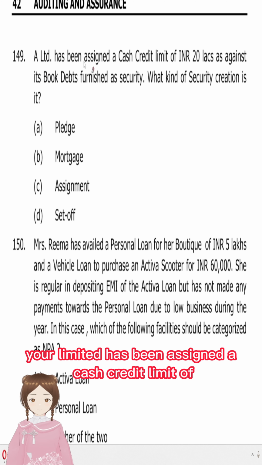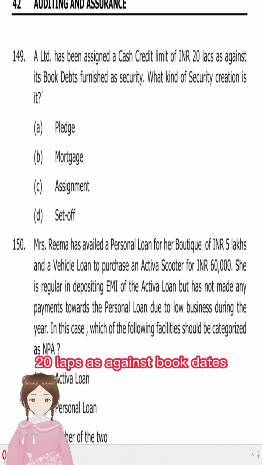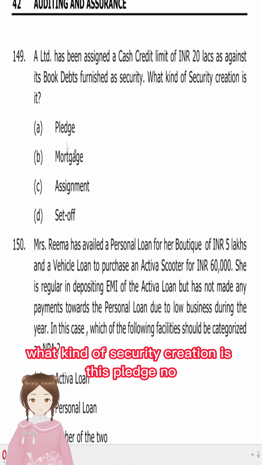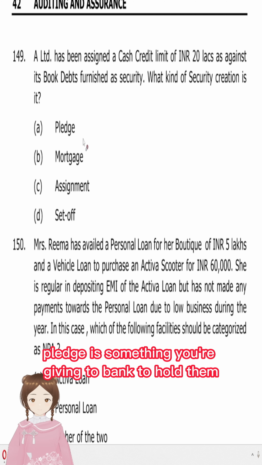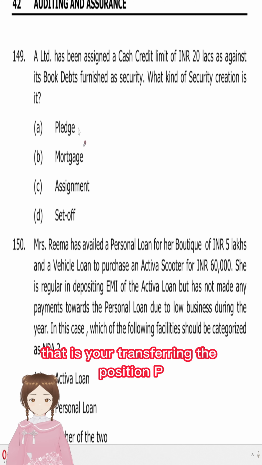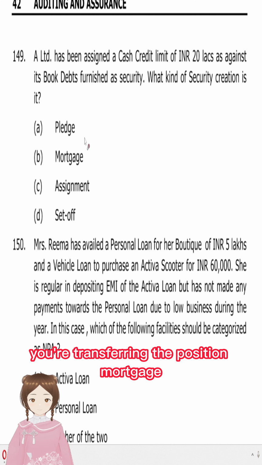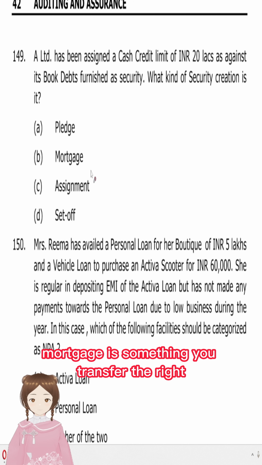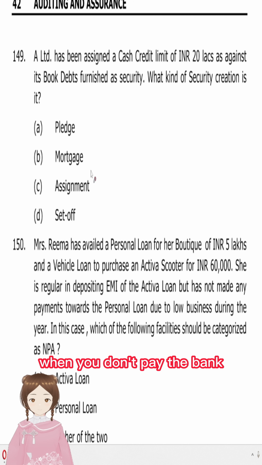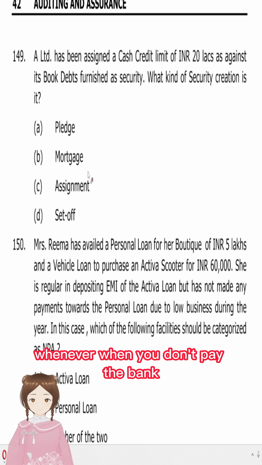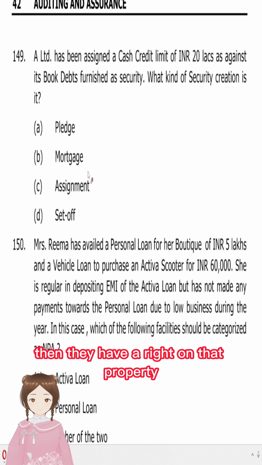A Limited has been assigned a cash credit limit of 20 lakhs against book debts furnished as security. What kind of security creation is this? Pledge? No. Pledge is where you give something to the bank to hold, that is, you transfer the possession. P for possession. Mortgage is where you transfer the right, so when you don't pay the bank, they have a right on that property.